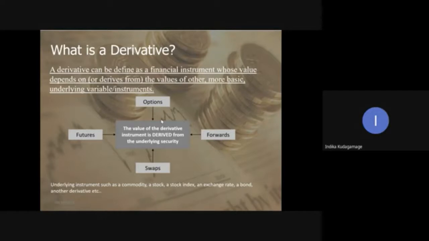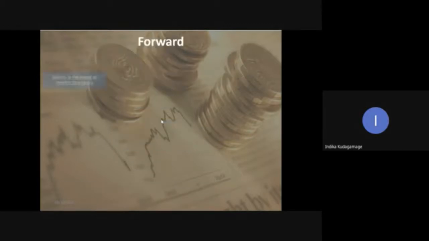So a derivative can be defined as a financial instrument whose value depends on or derives from the value of other basic underlying variables or instruments. So we have 4 types of derivatives: forwards, futures, options and swaps. These are the 4 basic derivatives we have. I just spoke to you about the forward.